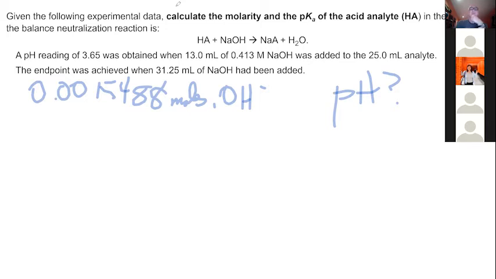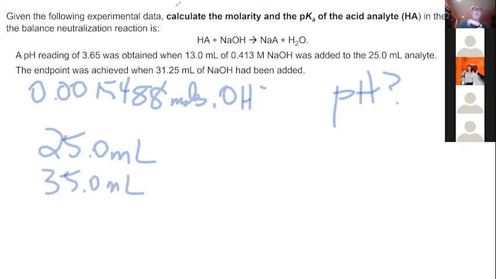Or let's go in steps. I have moles of hydroxide, and I have a volume. My volume is 25 mLs of analyte plus 35 mLs of hydroxide. So I've got 60 mLs volume.